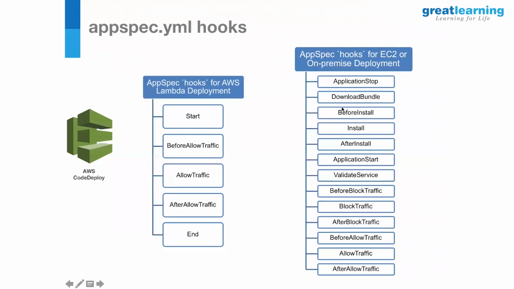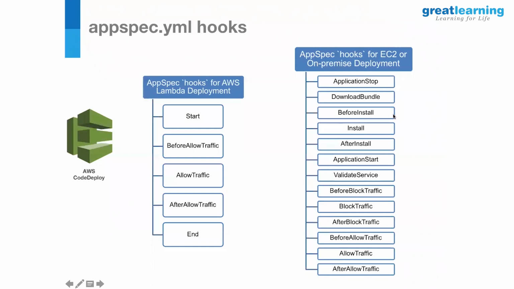So whatever you want to run before your installation, like extracting your artifact or decrypting the artifact, all that can be configured to run in before install. And install is where your CodeDeploy agent actually copies your application revision to the target location.